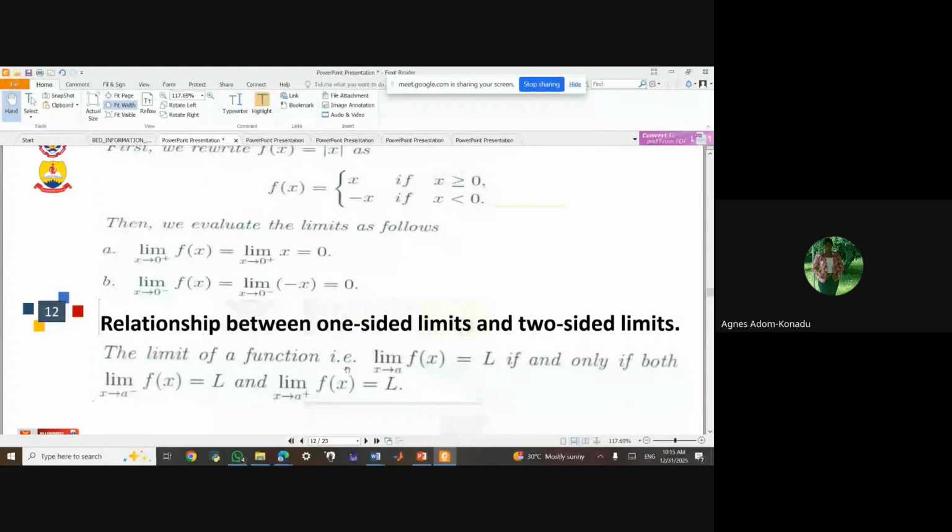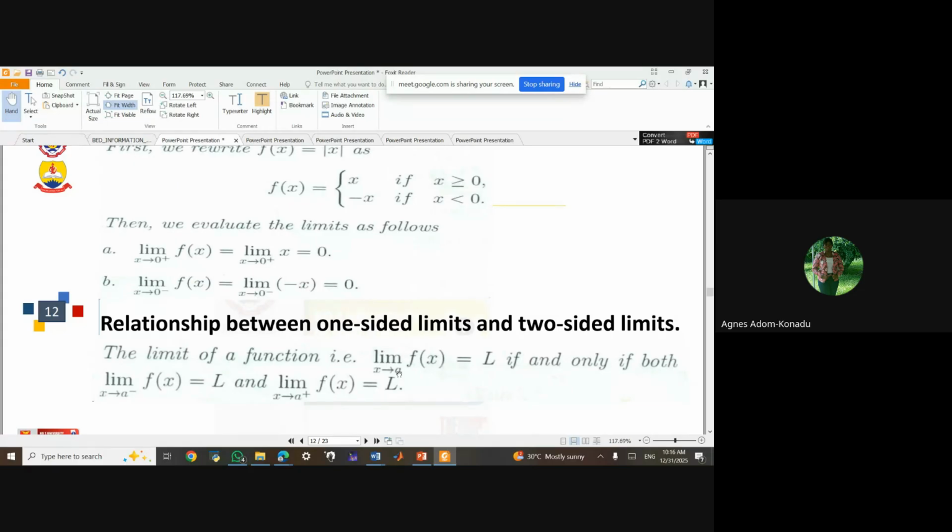So if from the right is 0 and from the left is 0, then it means that the limit at the point itself exists. For example, if the limit as x approaches a from the negative side is L, and the limit as we approach a from the positive side is also L, then the limit at a will be L. If the limit as x approaches a from the negative side is maybe M, and the limit as x approaches a from the positive side is K, then I can say that the limit does not exist.